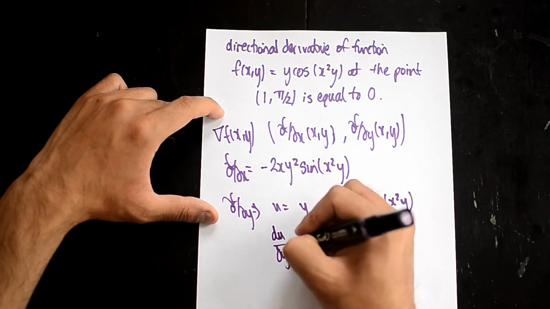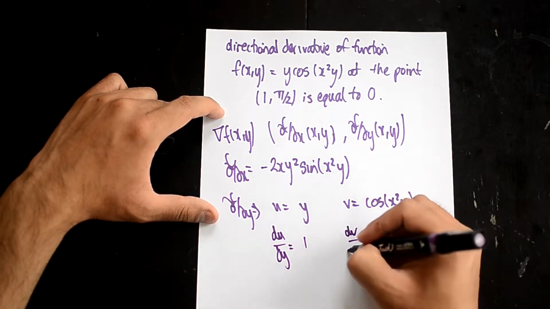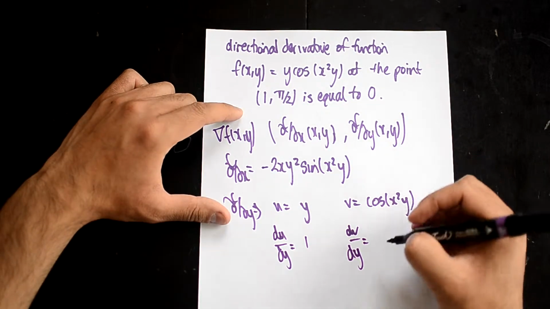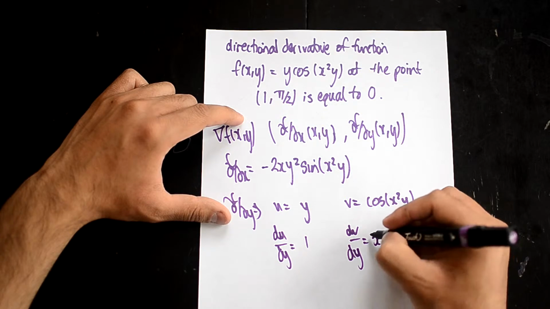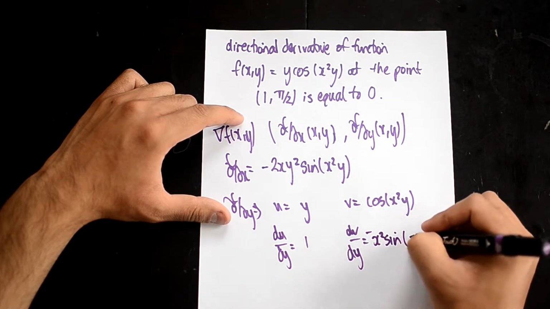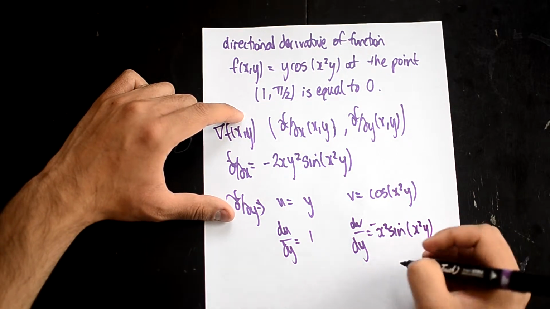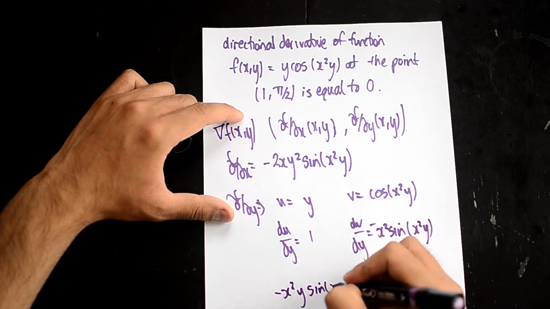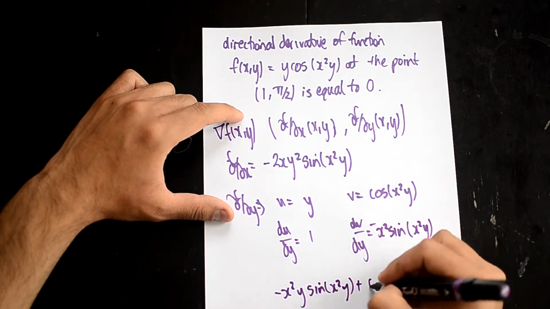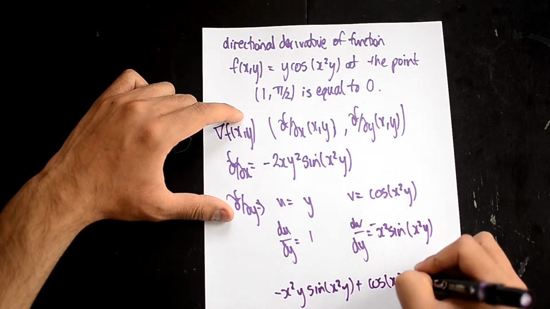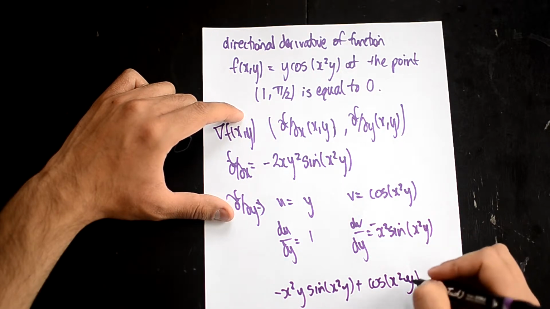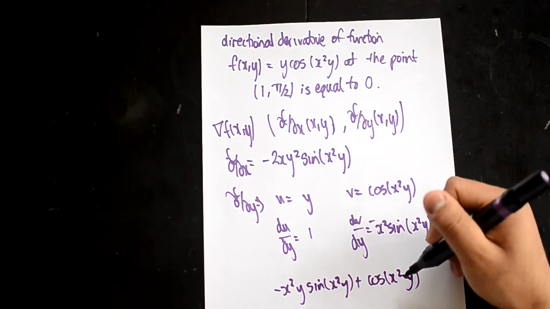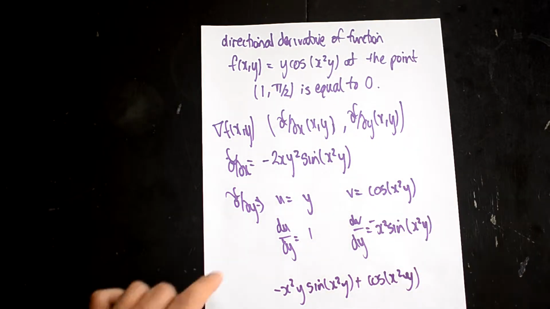And so obviously I'm holding the x constant when I'm differentiating, so I should get x squared minus sine x squared y. So minus x squared y sine x squared y plus cos x squared y. You can put this the other way around, I suppose. But this is the df/dx and df/dy.